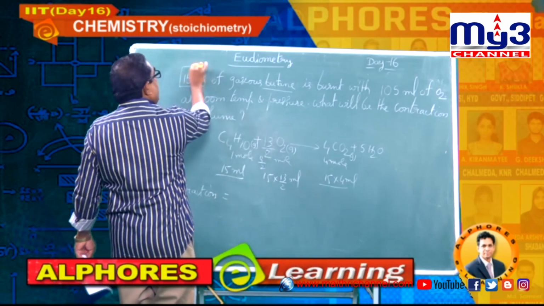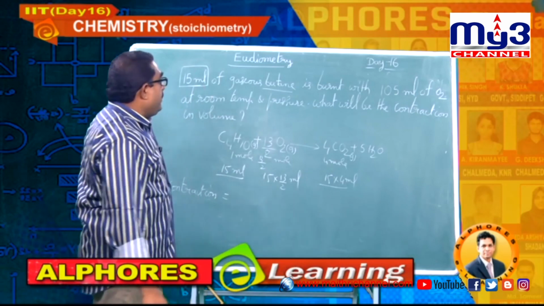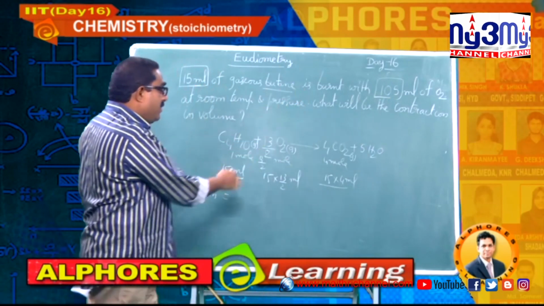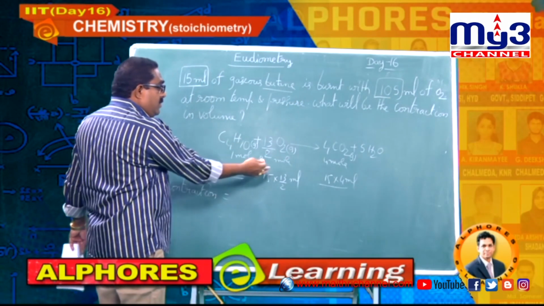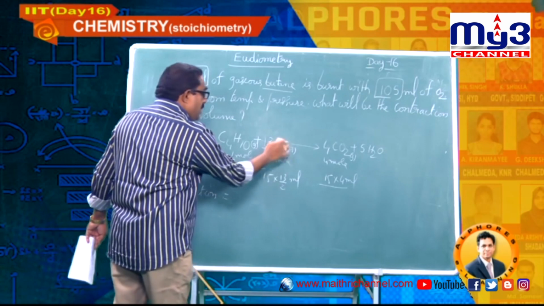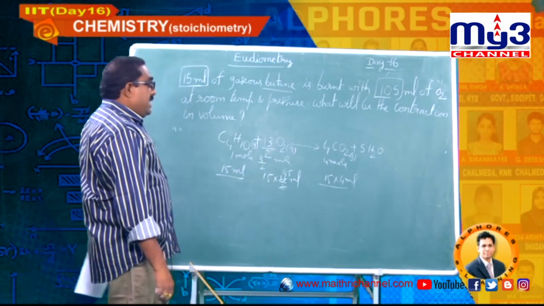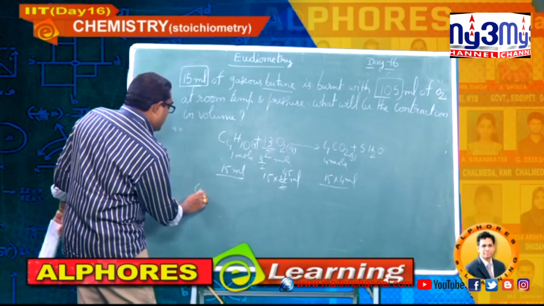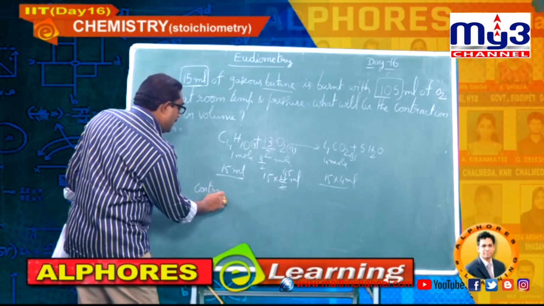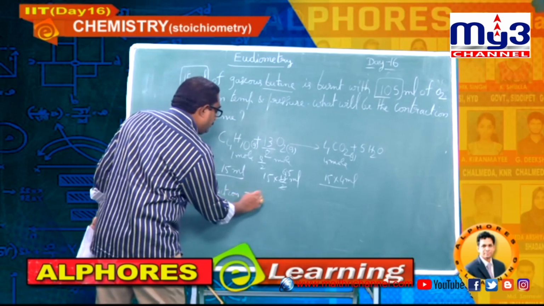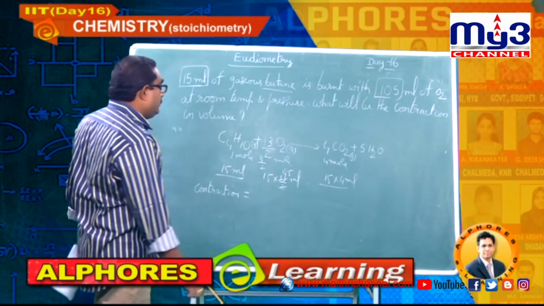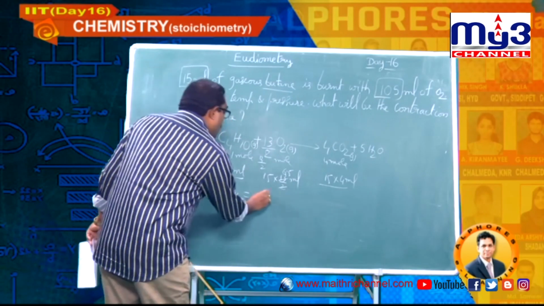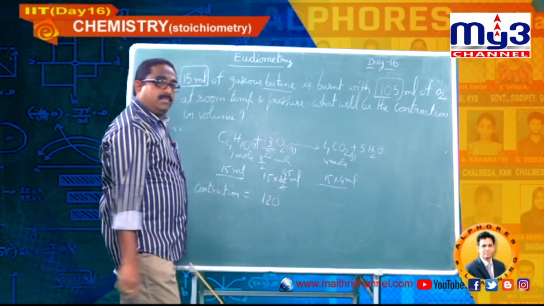What is the volume of reactants given to us finally? 15 ml of butane and 105 ml of oxygen, because out of 105 we don't know whether all the oxygen is involved in the combustion or not. Students, let me explain. Contraction is equal to 105 plus 15, total 120 ml.